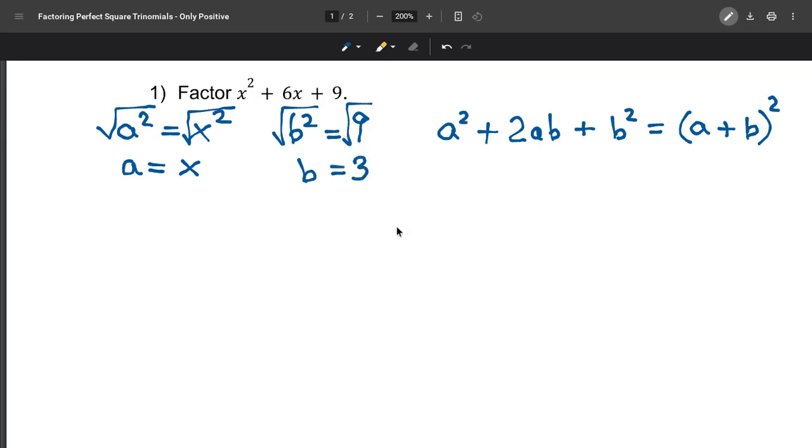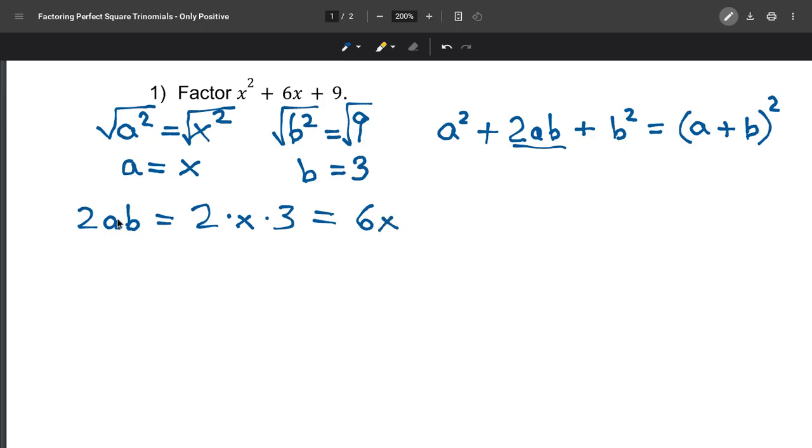Okay, so now we want to check, is this a perfect square trinomial? We should have this 2ab should be our 6x. So 2ab, or 2 times a times b, should equal 6x. So we do 2 times x times 3. Well, 2 times 3 is 6, and 6 times x is 6x.